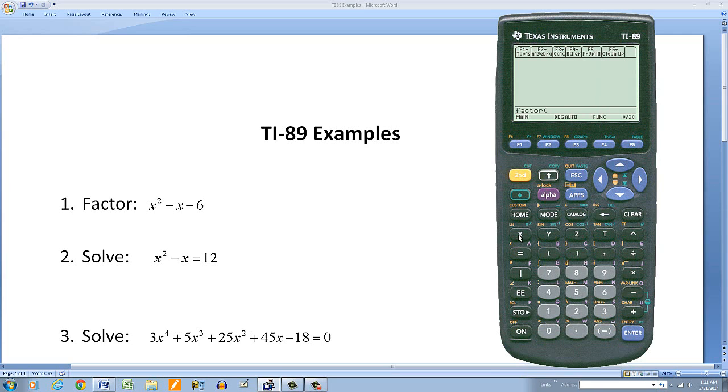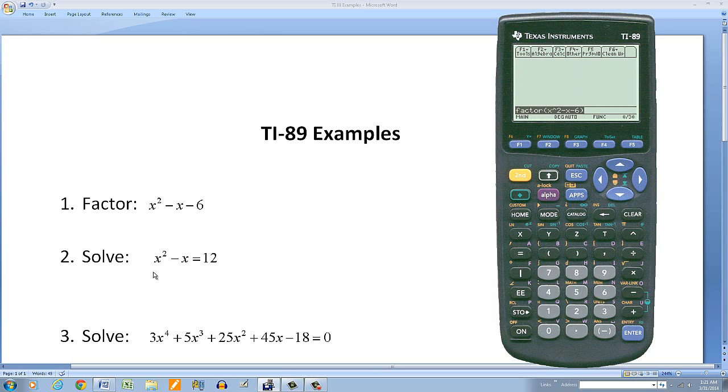Then I enter what I'm going to factor: x squared minus x minus 6, close parentheses, hit enter. And the calculator gives you the factors: x minus 3, x plus 2. Clear this.